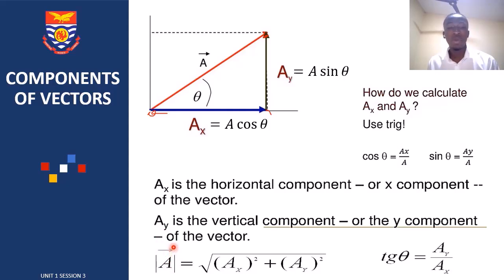Moving on, in case you want to find the resultant, from our previous knowledge of Pythagoras' theorem, we know that to find the long line here, it's always going to be the square root of the square of this line plus the square of this line, as given here.